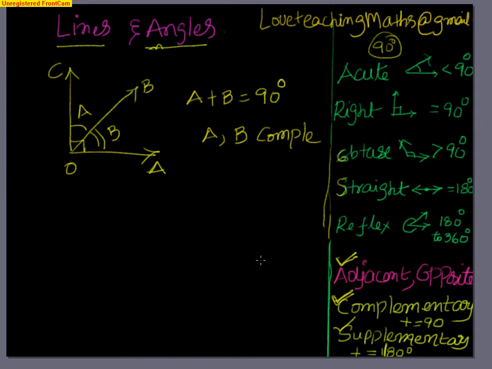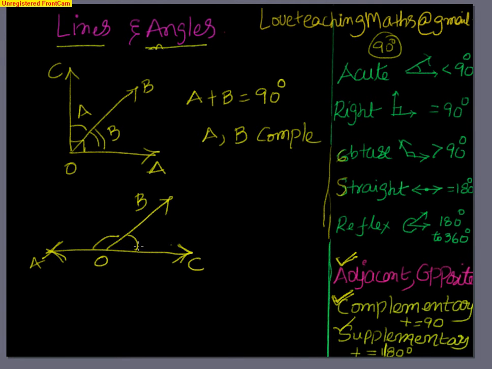We have seen supplementary angles. Supplementary angles is when two angles' sum is equal to 180 degrees, then they are called supplementary angles. Linear pair of angles are supplementary angles. OA, OB, OC. Now what's the difference between linear pair of angles and supplementary angles?